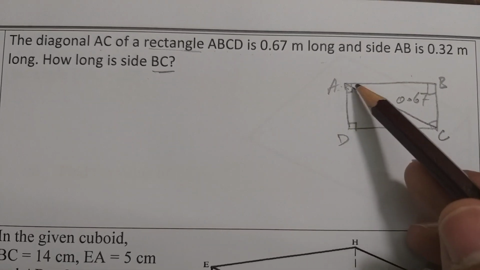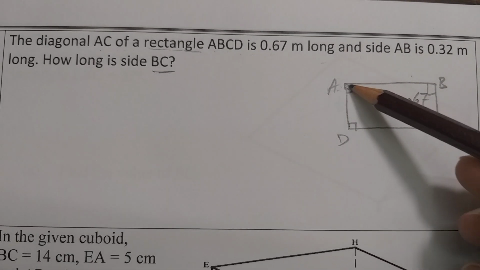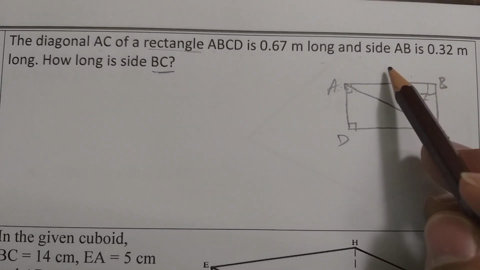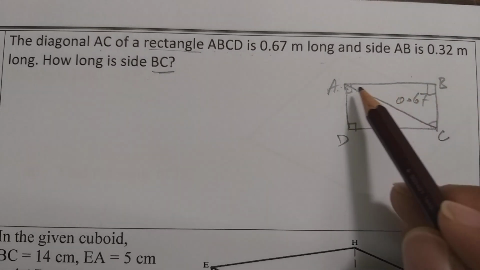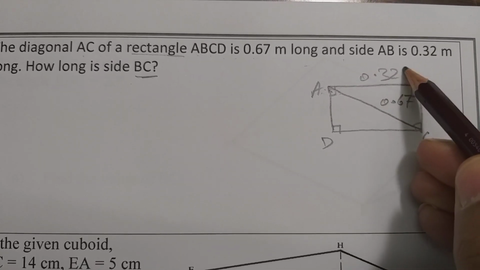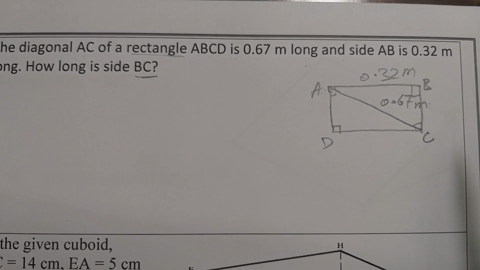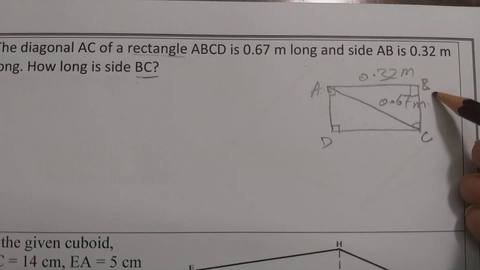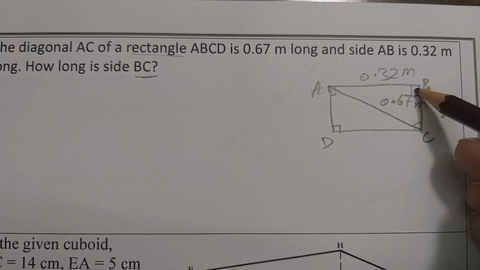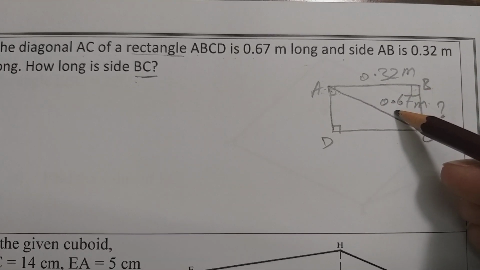So it means if we make a diagonal, it becomes a right angle triangle inside of a rectangle. So AB, this is AB, which is given 0.32 meter. This is also in meter. So we need to find BC. This is the length what we need to find. So BC is one of the short sides. This is the longer side, because in front of the right angle it's the longer side.